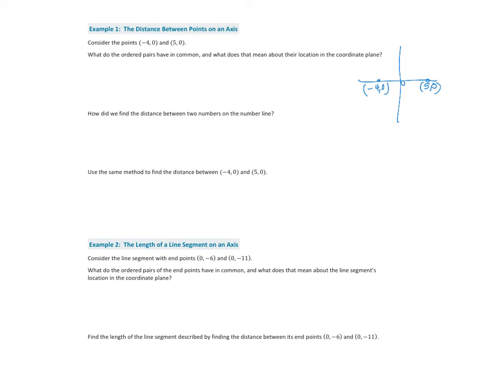What do the ordered pairs have in common? Let me answer that first. What do you notice? I'm looking at that 0, that the y-coordinate equals 0. Then it says, what does that mean about their location in the coordinate plane?